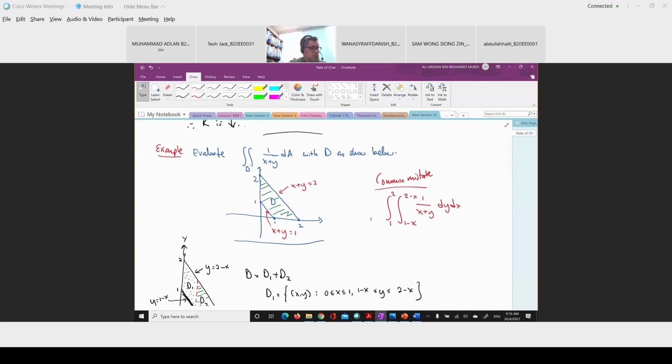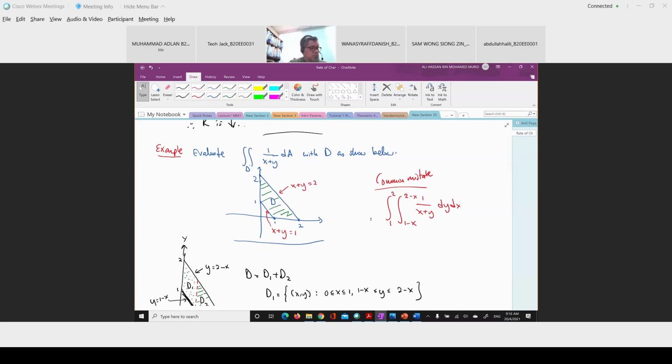Let's look at another example. Determine the area bounded by the parabolas x equal to y squared, x equal to 32 minus y squared.